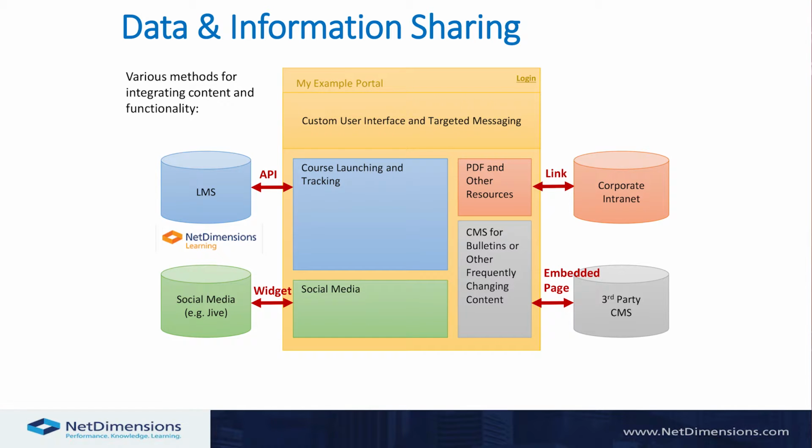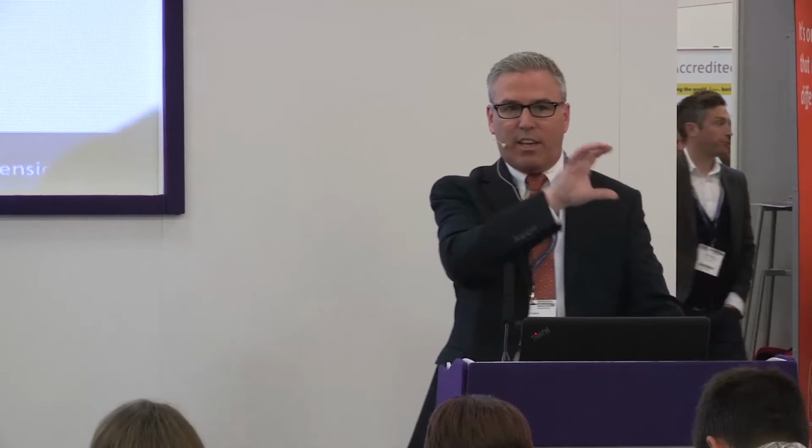With the social media example here, you might use a widget. So what's a widget? It's basically an encapsulated web component that's pre-built, that's portable, that allows you to leverage the technology in a third-party website or service and then embed it into another website.